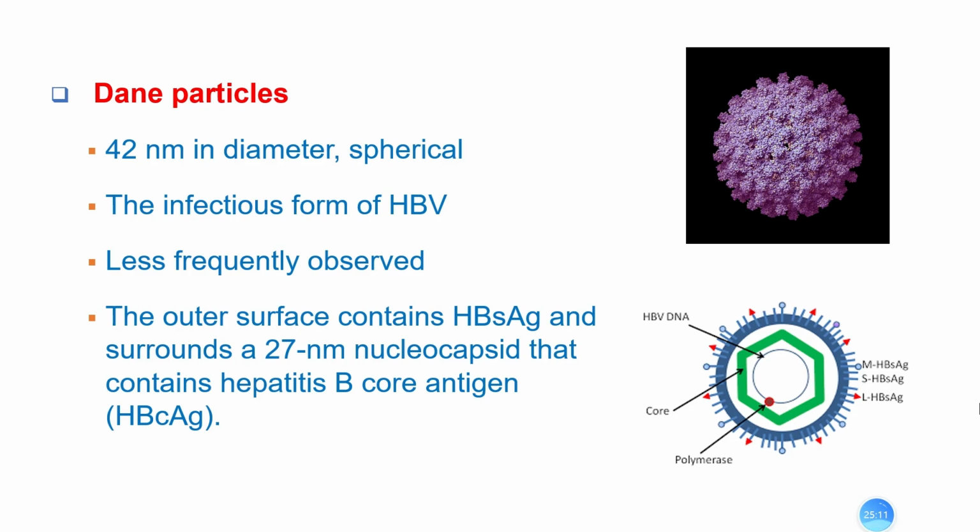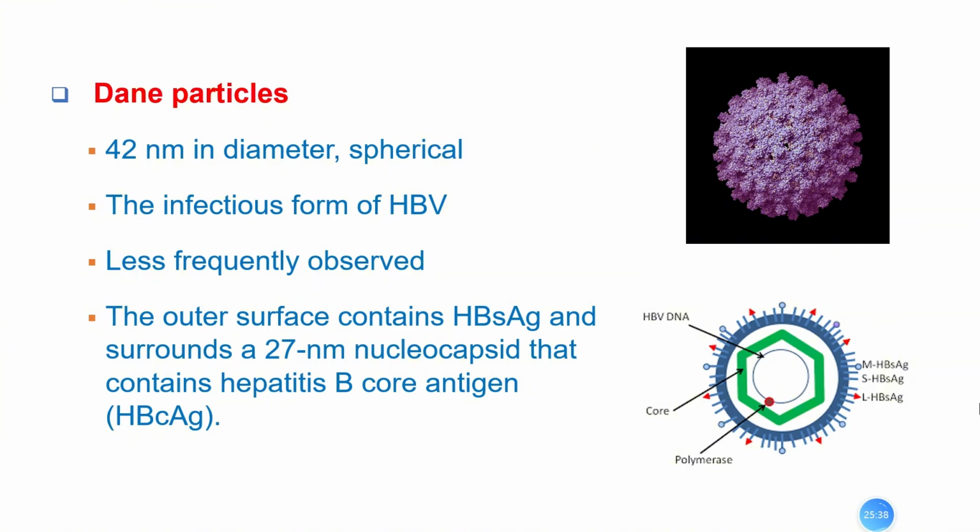While another particle, the Dane particle, is the infectious one. So this is a complete HBV virion, which contains the complete structure of the viral particle and also contains the genome in the middle. The Dane particle is named by the scientist who discovered it.